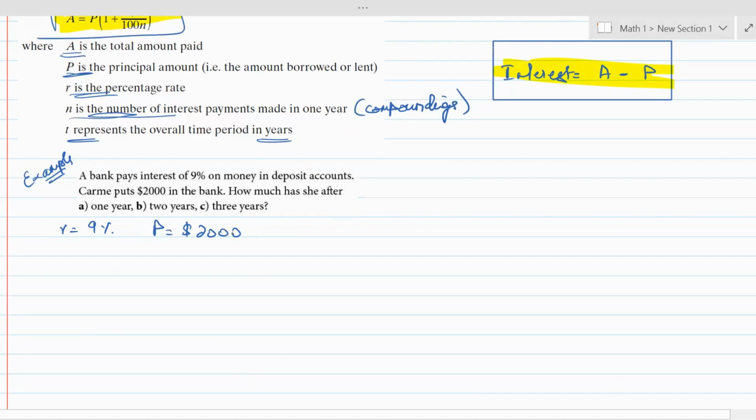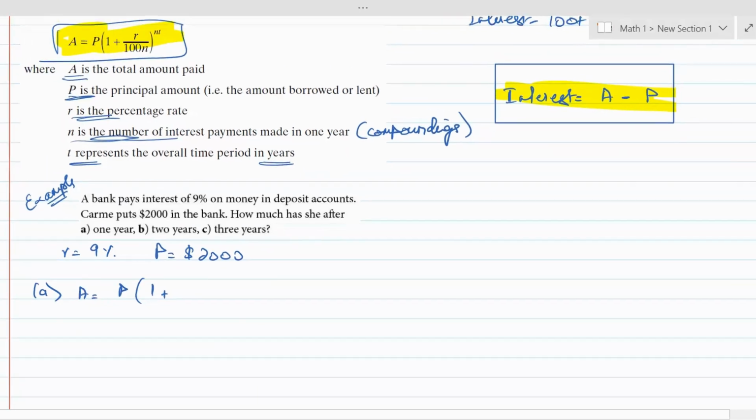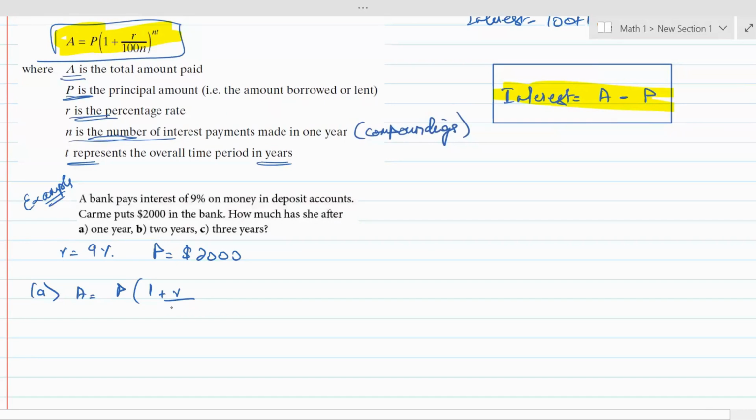How much does she have after 1 year? After 1 year means they're talking about the total amount in her account. The total amount in her account is A equals principal into 1 plus R upon 100, to the power N into T. Now, in this particular question, there aren't any multiple compoundings in a year.